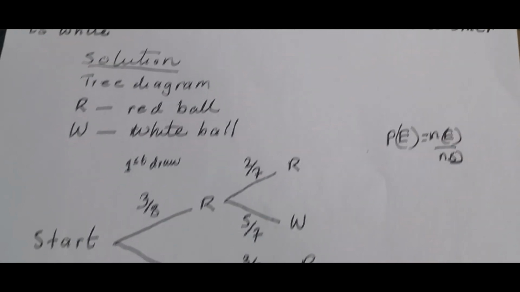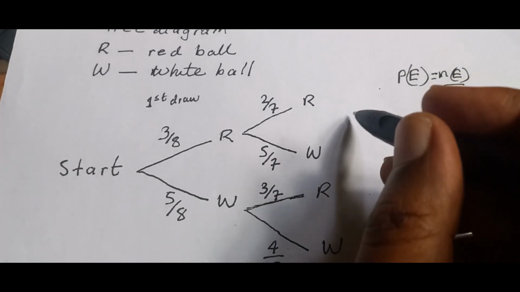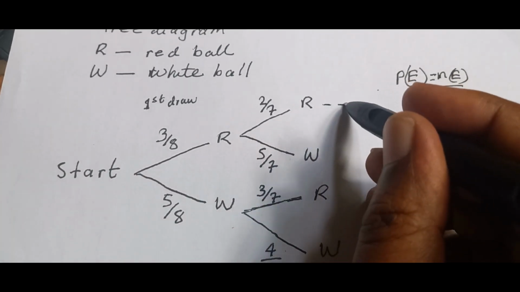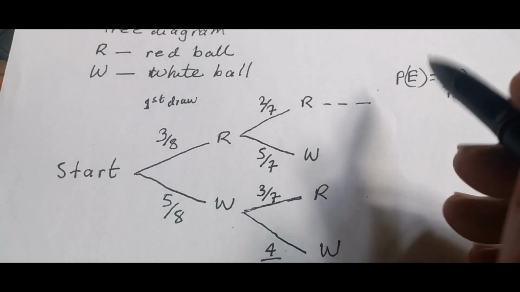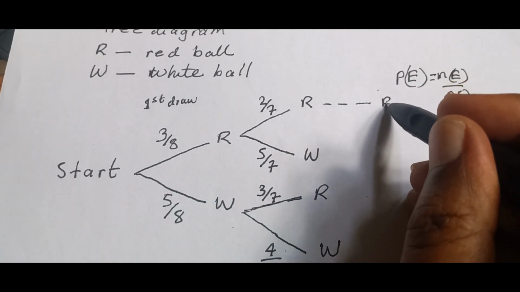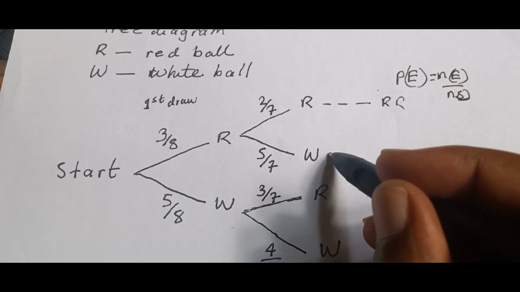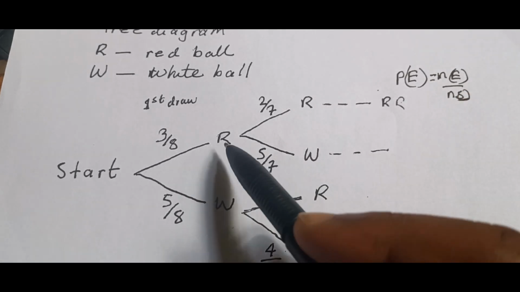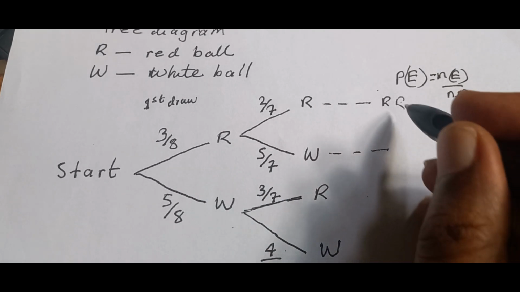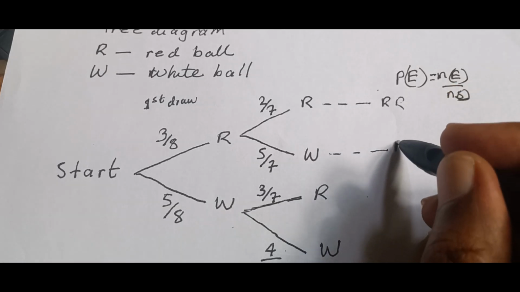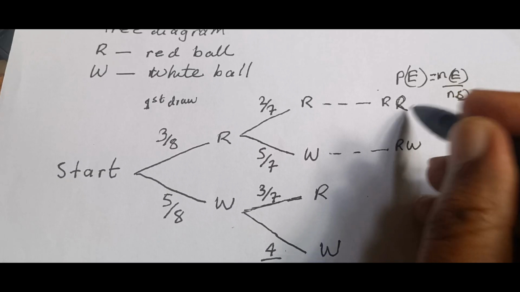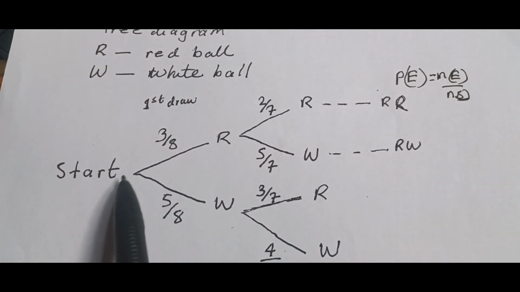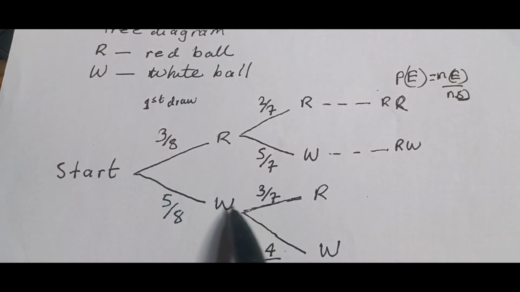In our tree diagram, we find that here we have red, in this path we have white, red.